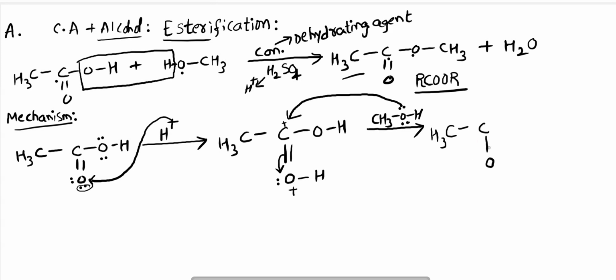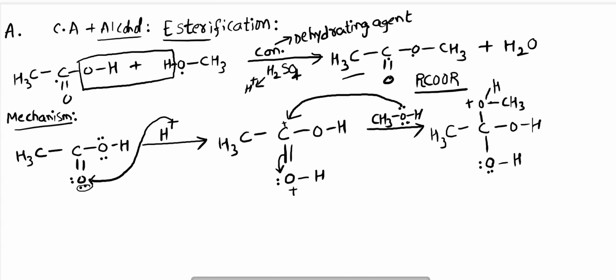Why? Because oxygen took electrons from carbon. Now it is a single bond. Here also OH single bond only. Now this alcohol attacked. From alcohol also the oxygen is attacking that. So oxygen, one side hydrogen, one side CH3. Now oxygen has given its own electron, so it is losing, so it is plus. I think up to here it's clear.